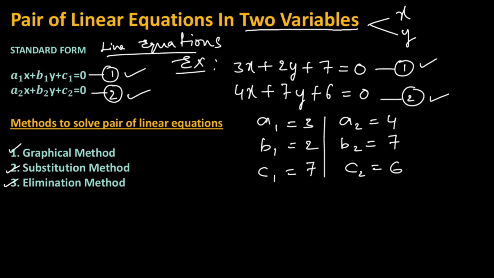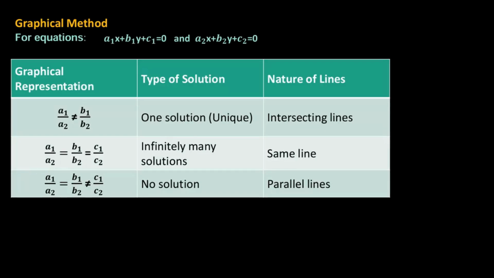Okay, let us look at the graphical method once. In the graphical method, you have to consider the same equations in general form. These are the general form of the linear equations, a1x plus b1y plus c1 is equal to 0 as first equation, and a2x plus b2y plus c2 equal to 0 as second equation.